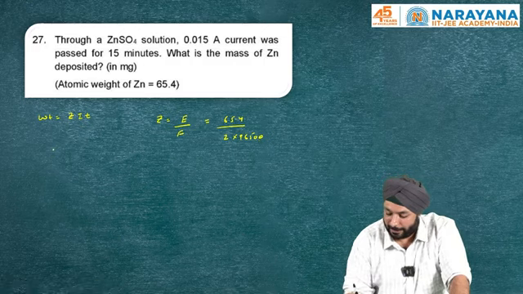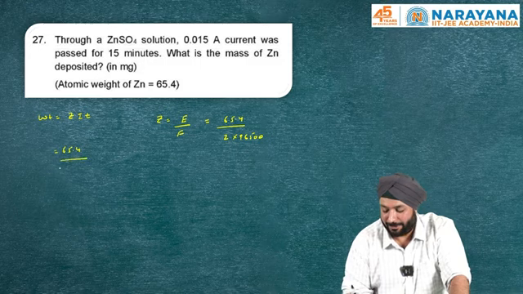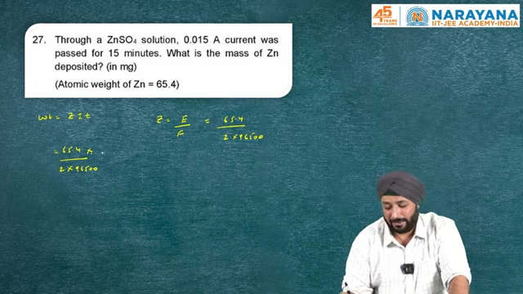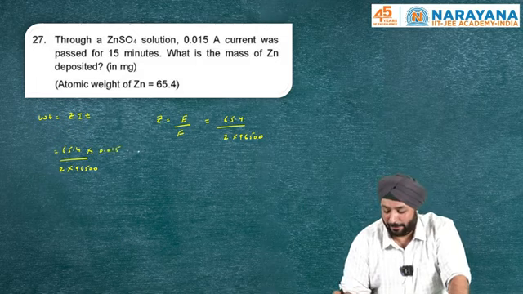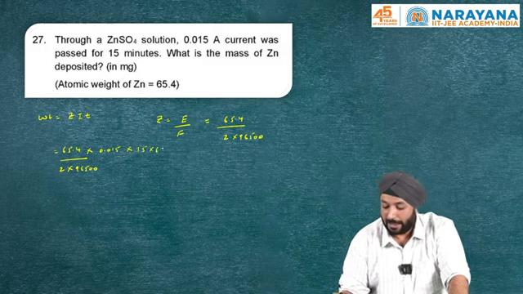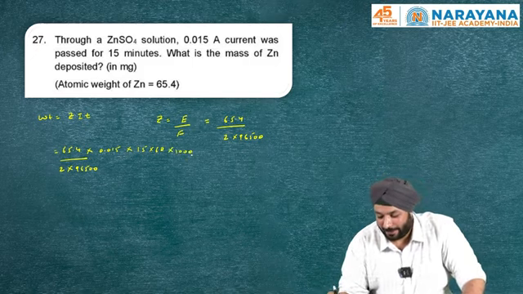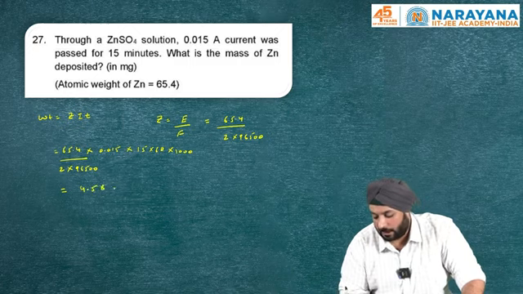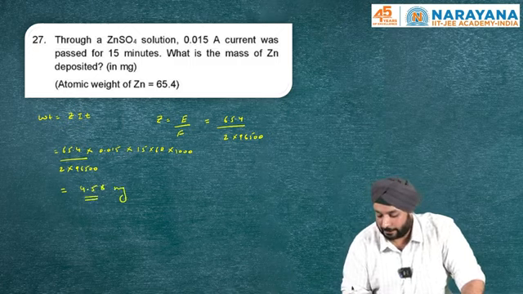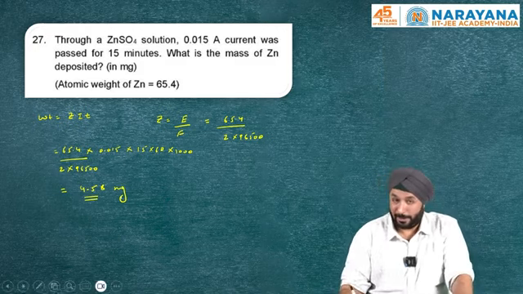So it comes out to be 65.4 divided by 2 into 96500, into I, which is 0.015, into T, which is 15 into 60. The answer will come in grams, and I want milligrams, so multiply by 1000. The answer will come as 4.58 milligrams. Very simple question, right? We'll move ahead.